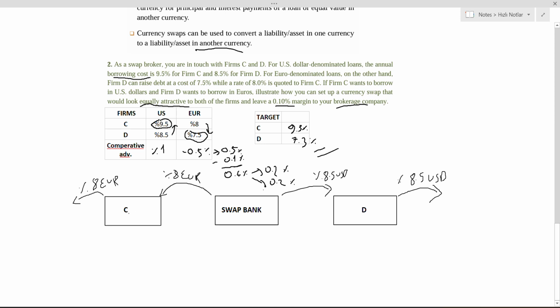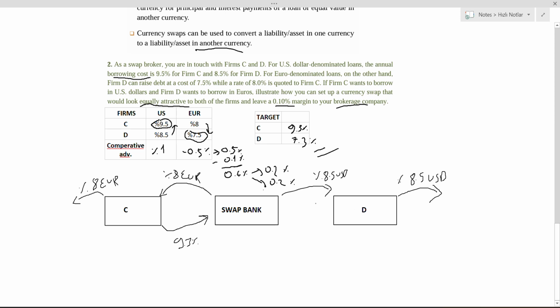Now let's consider our targets. Firm C has the inner row as plus 8% and minus 8% of euro. Now what we want to do is reach our target, which is 9.3%. And for firm D, we have a 7.3% target.